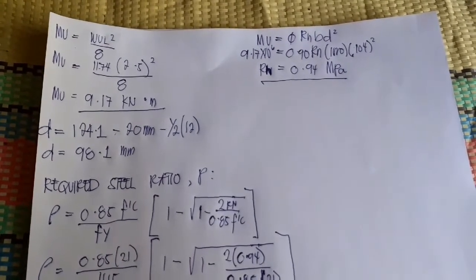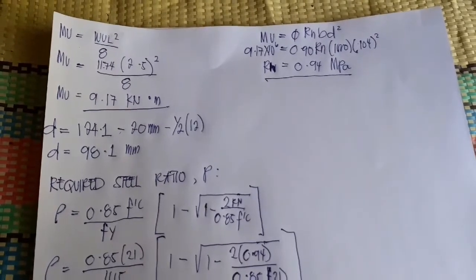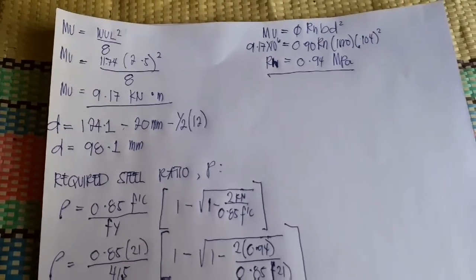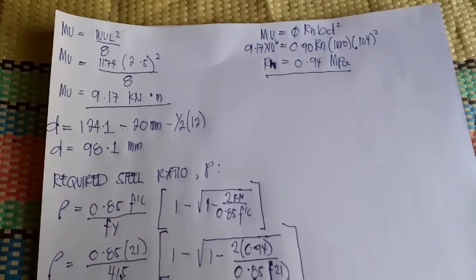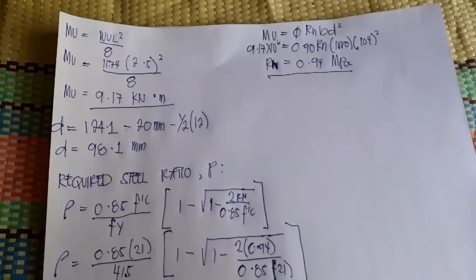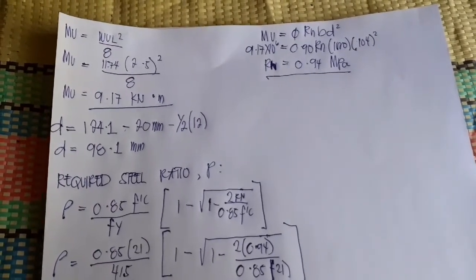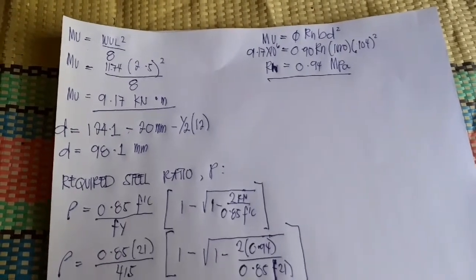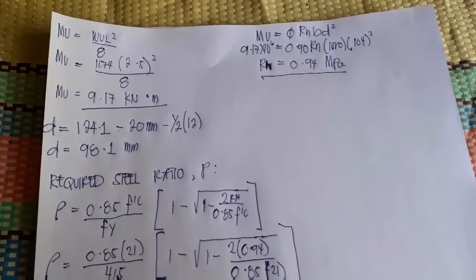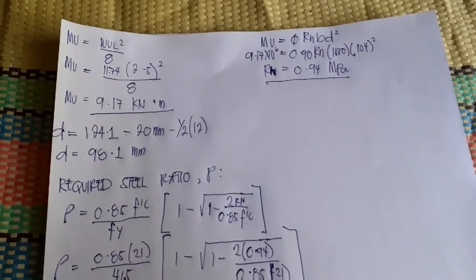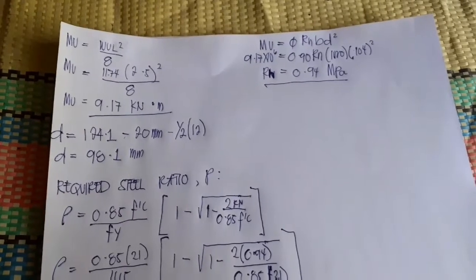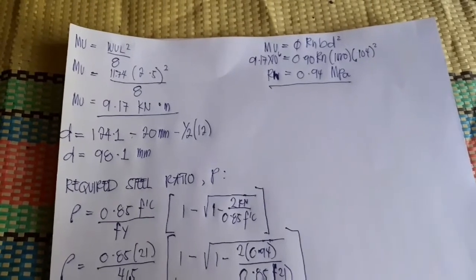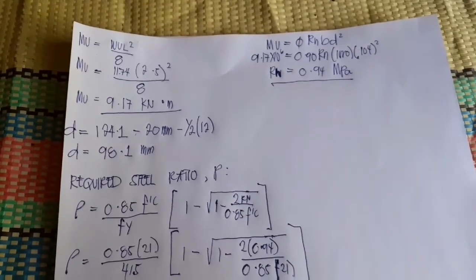So we have a factored moment of 9.17 kilonewton-meter. Then d is equal to 124.1 minus 20 mm minus one half of 12, so d is 98.1 mm. Then the factored moment is equal to Rn b d squared. Equating, we get the value of Rn equal to 0.94 megapascal.